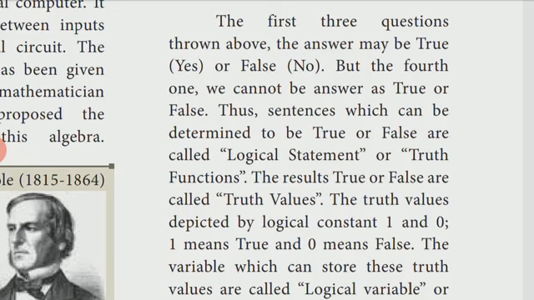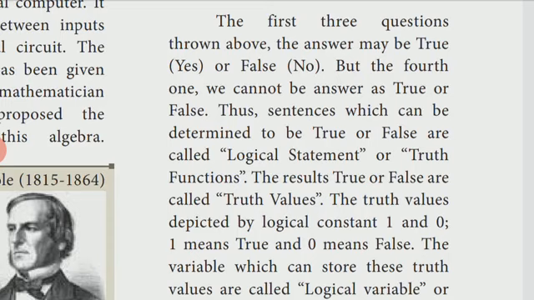So, the questions for which you give the answer as yes or no are called logical statements or truth functions. The questions you can answer yes or no, or true or false, are logical statements, or we can call them truth functions.